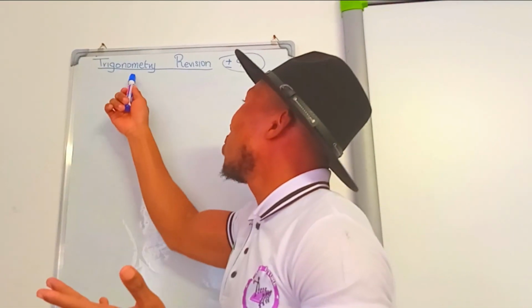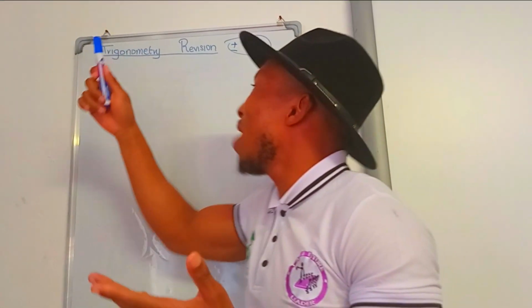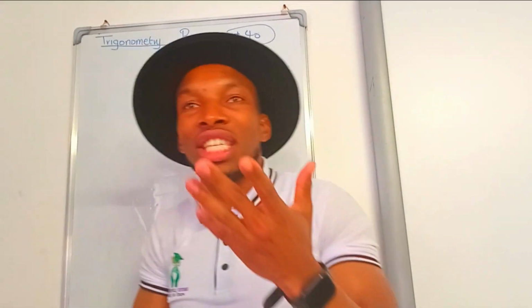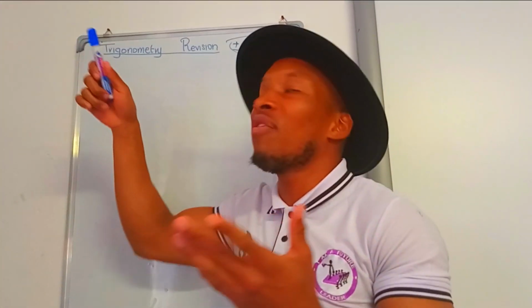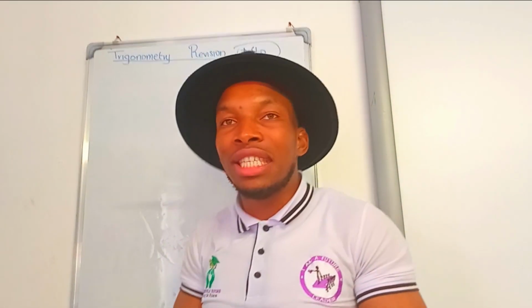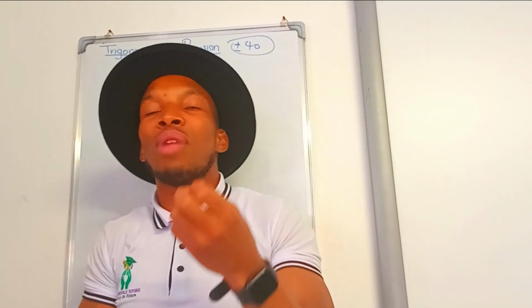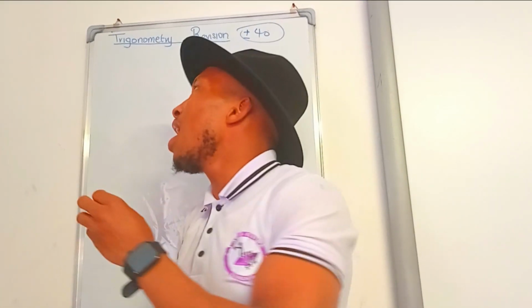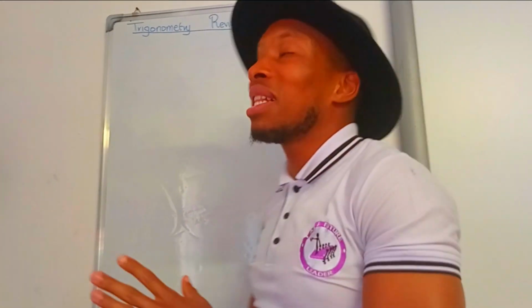And metry is where we look at a 3D shape, because in a 3D shape we normally calculate the length. Today we're going to look at part 1 of trigonometry.